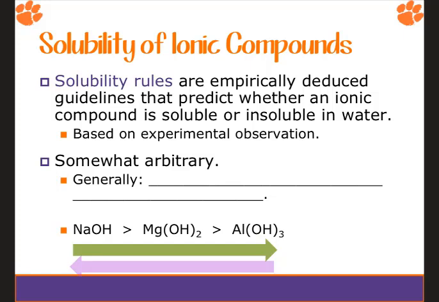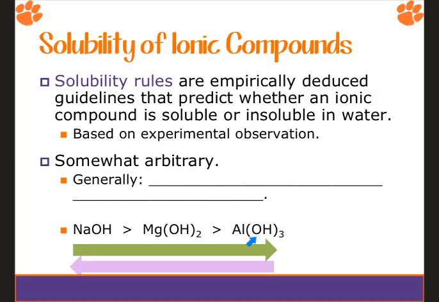So we do have a set of solubility rules, but in general, the higher the ion charge, the less likely that ion is to be soluble in water. Here we see as we go from sodium +1 to magnesium +2 to aluminum +3, sodium hydroxide is the most soluble and aluminum hydroxide is the least soluble.